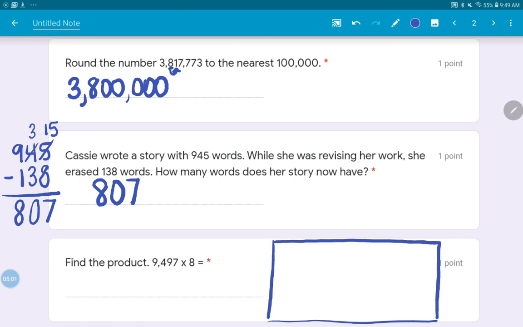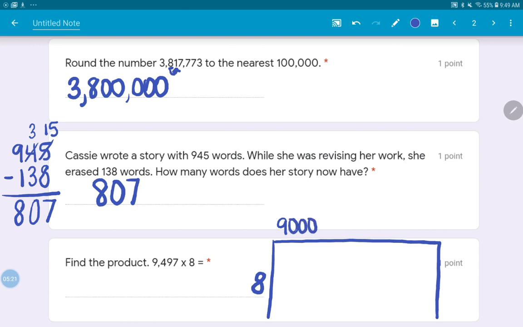Length times the width. So I know that my short side over here is going to be 8. That's my width. My length is going to be 9,497. But I'm going to break that apart into expanded form.